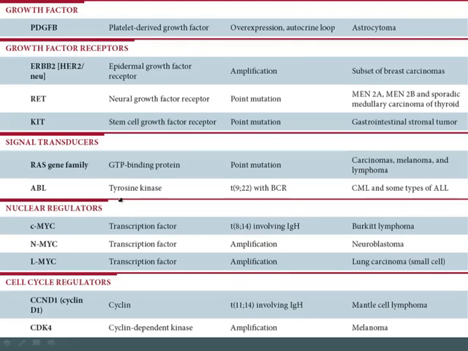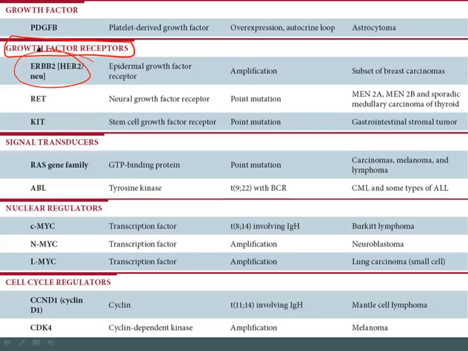Now, what are some important growth factor receptors that can become mutated, and what tumors are they associated with? Well, one of the very high yield growth factor receptors is HER2/neu. It's an epidermal growth factor receptor that is amplified in a subset of breast cancers. And why is this important to be familiar with? Because it ties back into pharmacology.